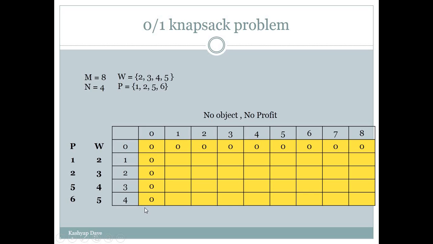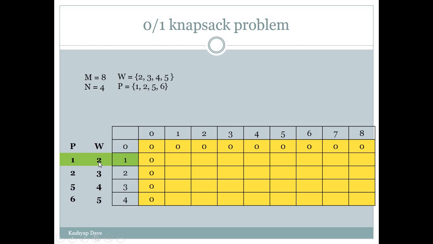Okay, now let's find out for our object whose weight is 2. If our weight is 2, then we can directly put that item into this weight 2. Why? Because we do not have any item whose weight is 1.